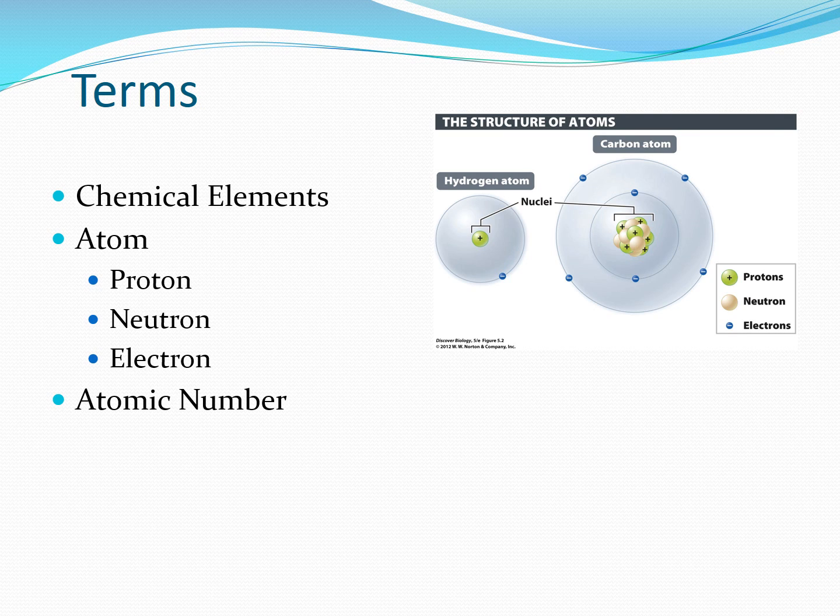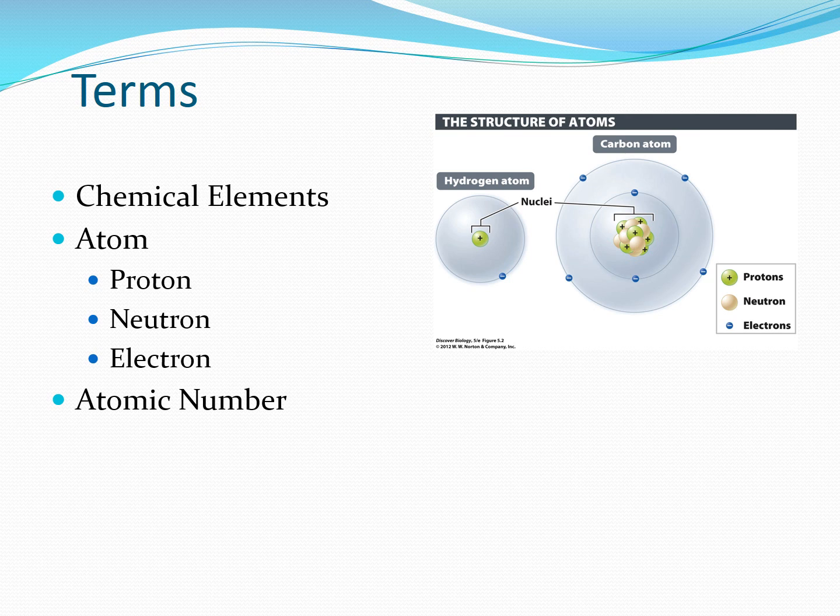Those protons are positively charged, and they're inside the nucleus along with the neutron, which is neutral or doesn't have a charge, and they are surrounded by orbitals of electrons that are moving around. These are much smaller, about 1/2000th the size of the protons and neutrons.